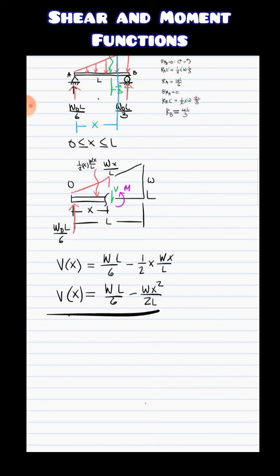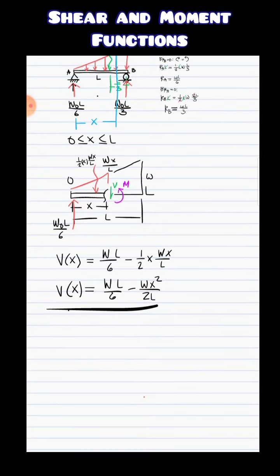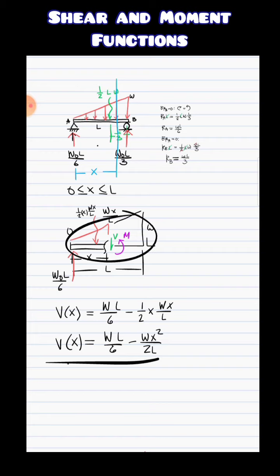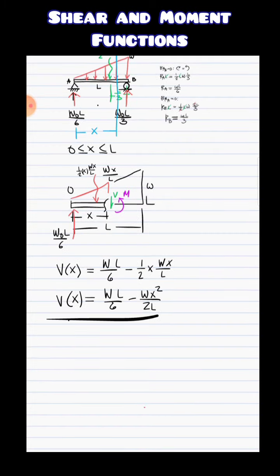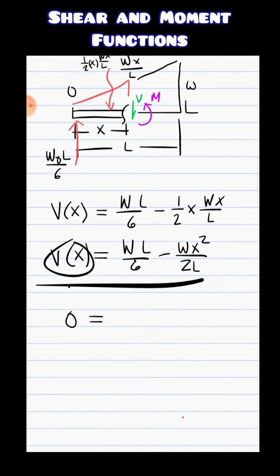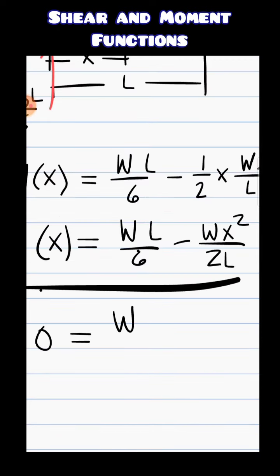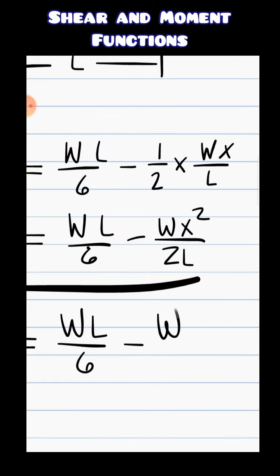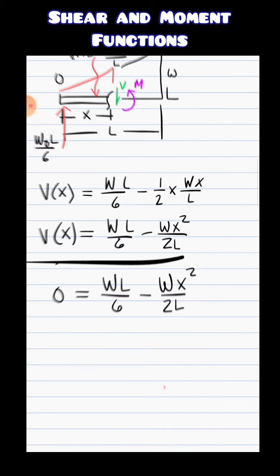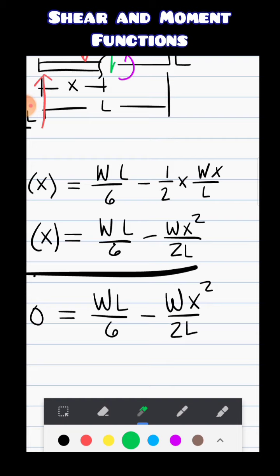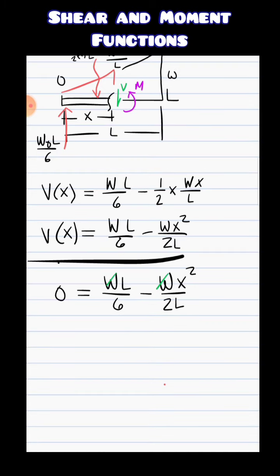To locate the maximum bending moment present on our beam due to this load, shear must be equal to 0. When shear is 0, moment is max. So we have WL over 6 minus WX squared over 2L. If we solve for x squared, this W will get cancelled out, and transposing this whole term, we have x squared over 2L equal to L over 6.